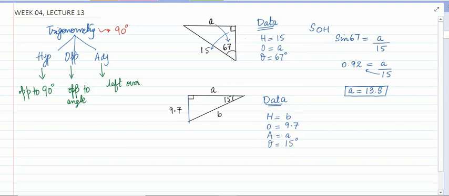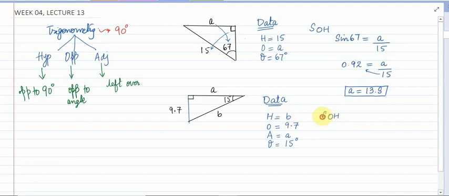Now there are 2 unknowns in the question, but you need to deal with them one by one, right? So first I am picking O and H because H is unknown.